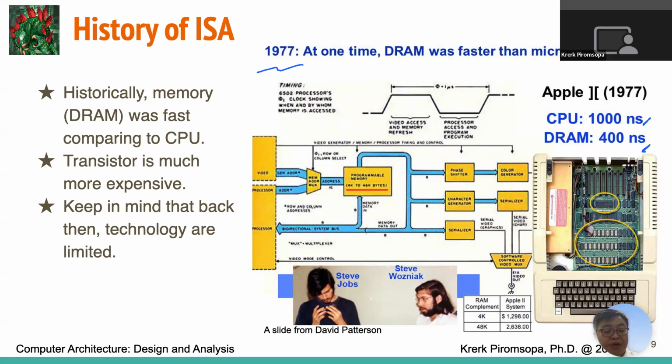So if you want to buy an Apple II computer, you see the price down here. Apple II computers. It has what? 4K of memory. For how much? $1,000. Back then.